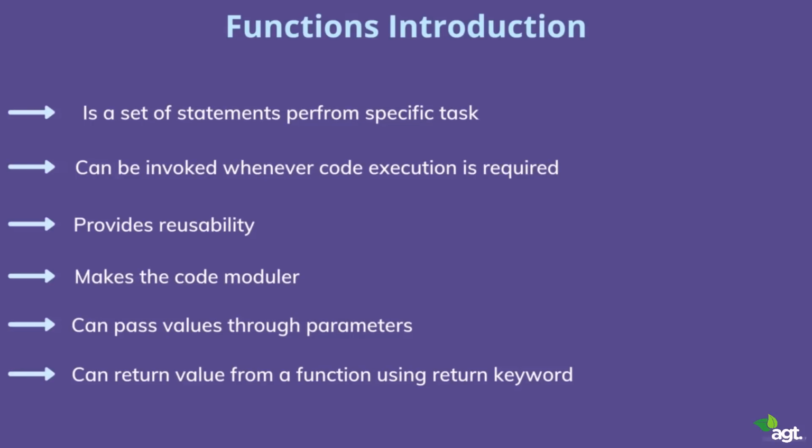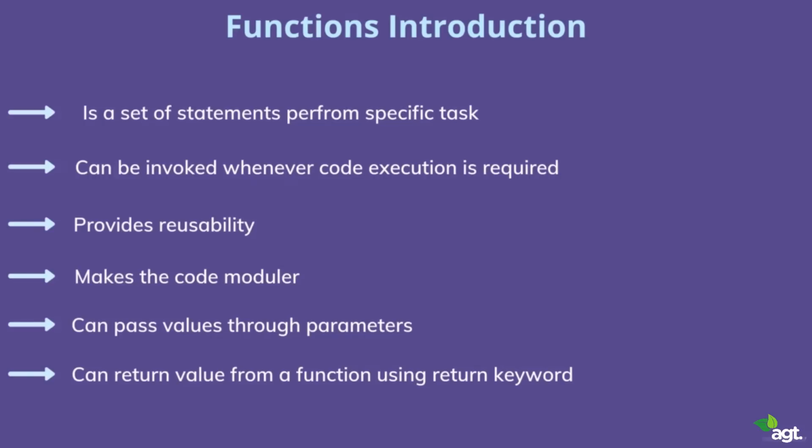For example, if I am defining a function which adds two numbers, 2 plus 4, it will always give me 6. But if I allow parameters in the function, every time I call that function, I can pass different values. So in this case, my function will be more effective and give me a better result.